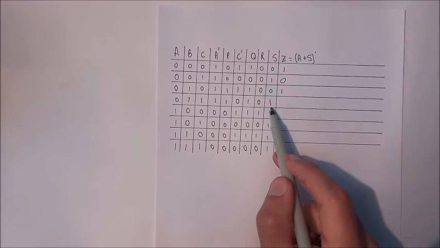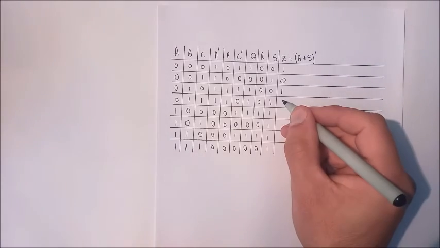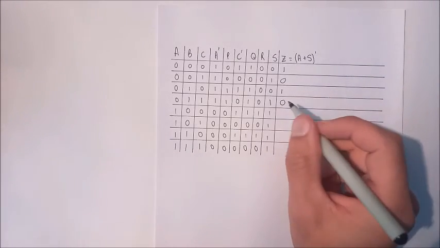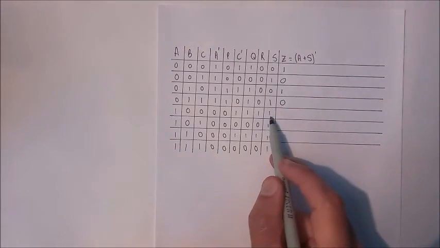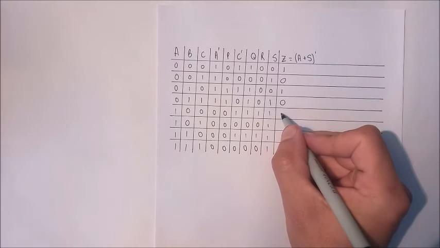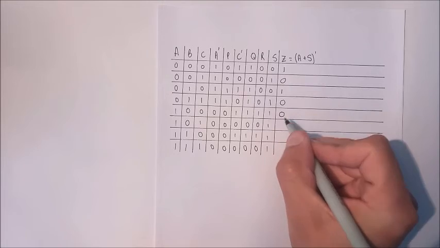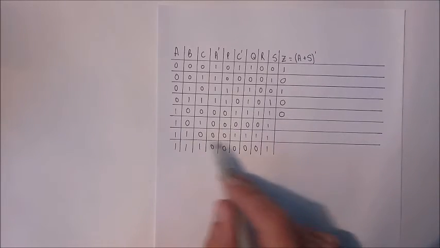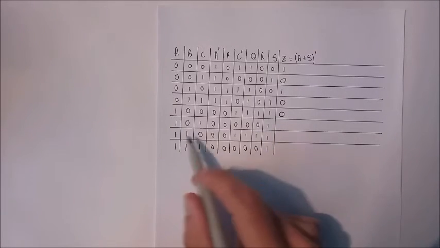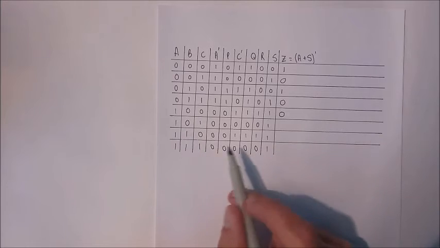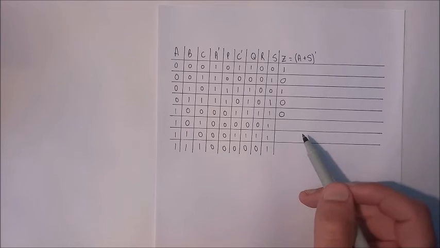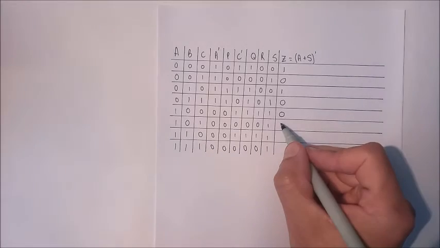A 0 OR a 1 is a 1, NOT it is a 0. And again, 1 OR 1 is a 1, NOT it is a 0. And that's the same for all of these rows that are to follow, which are both 1s. A 1 OR a 1 is a 1, NOT it is a 0.